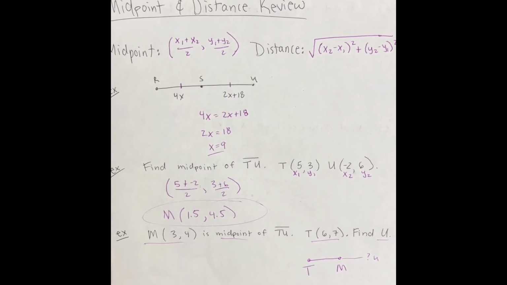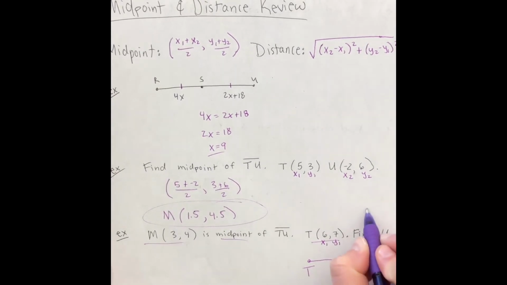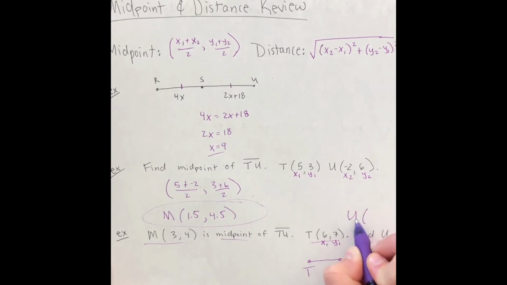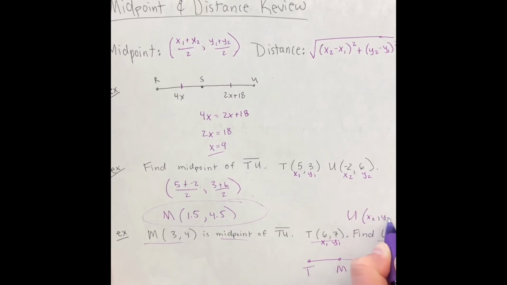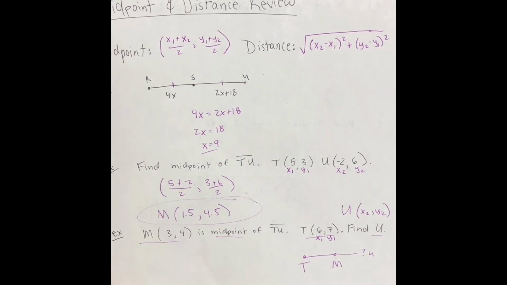I think that's the easiest way. You could also graph, but I think that would be taking quite a bit of time. So we have one of our endpoints. So this is x1, y1. We're going to call U x2, y2. We don't know what those are, but we can call them that and solve for them.